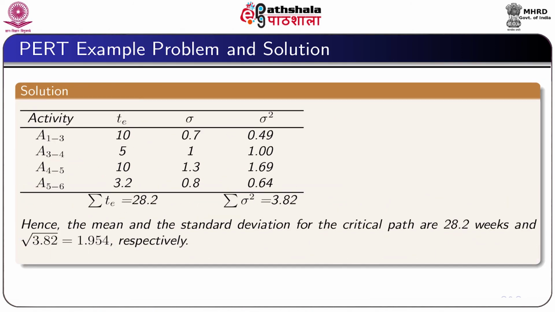Now, we calculate the mean and standard deviation for the critical path. For mean we calculate simply the sum of the expected times of all the activities, which is 28.2 weeks, and for the standard deviations we have the sum of the variances is equal to 3.82. Therefore, we have the standard deviation 1.954.